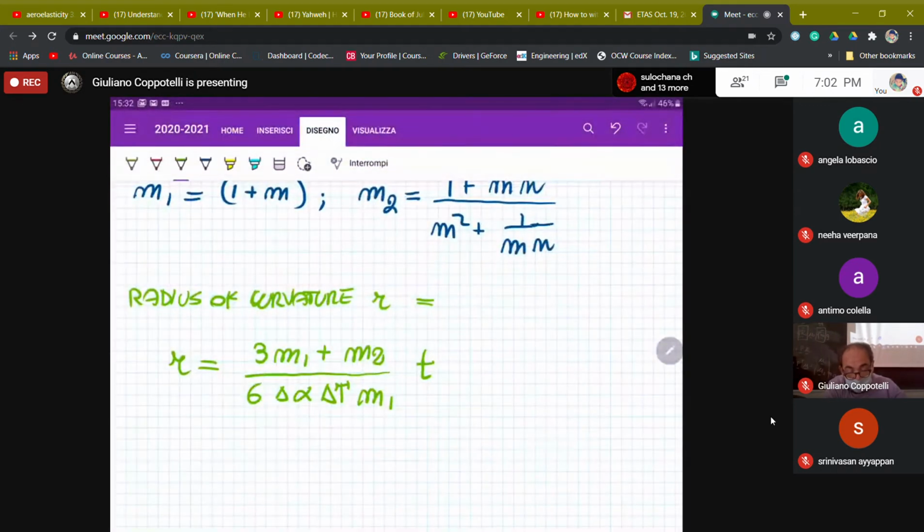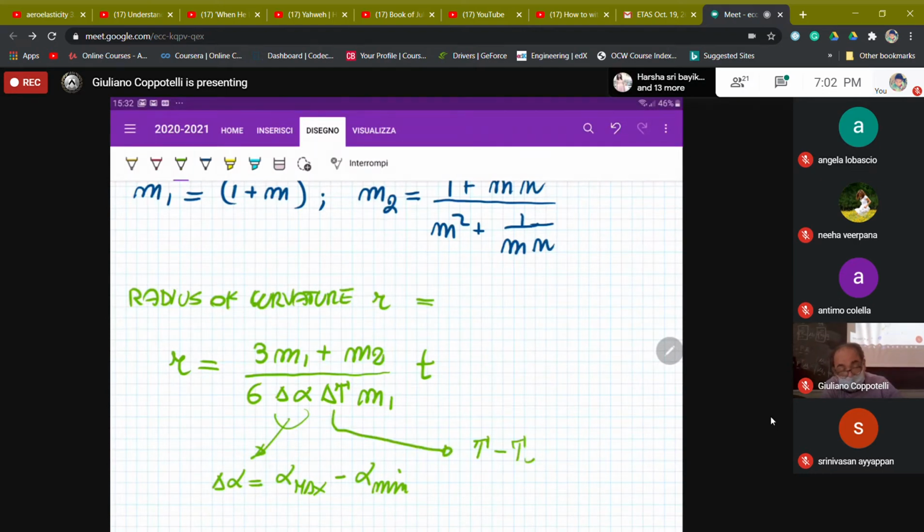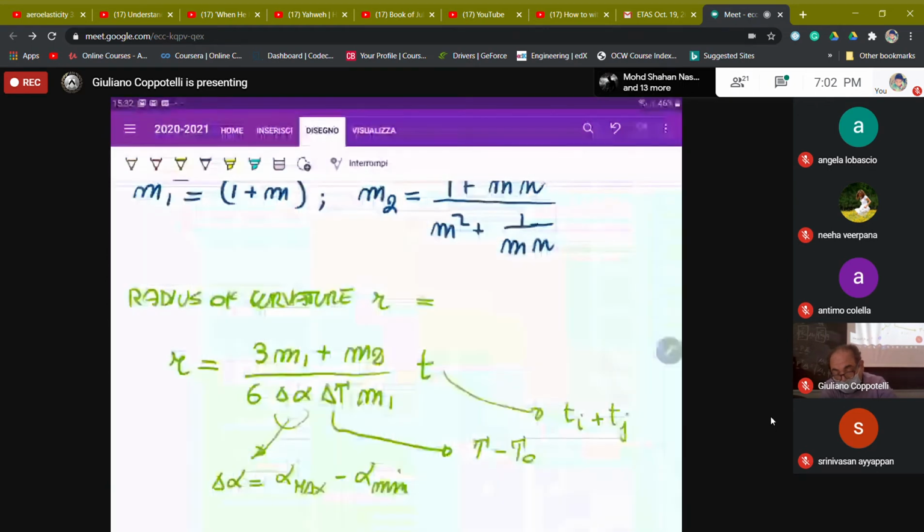Please note the delta alpha is equal to the difference between the maximum and the minimum value of the linear thermal expansion coefficients. Delta T is T minus T0, the reference one. And finally, T is Ti plus Tj, that is the total thickness.